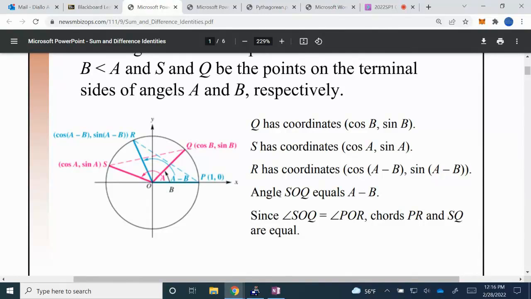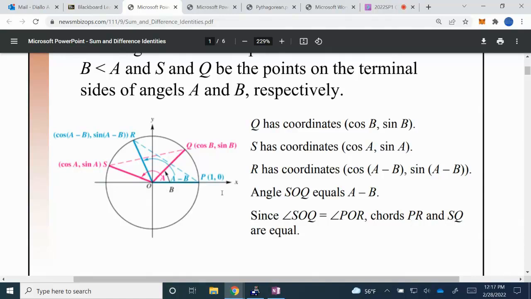So angle SOQ is equal to A minus B. Since SOQ and POR are equal, we can set the chords equal to each other.